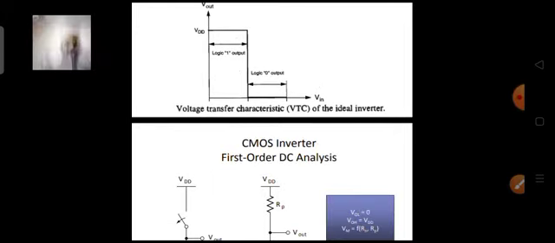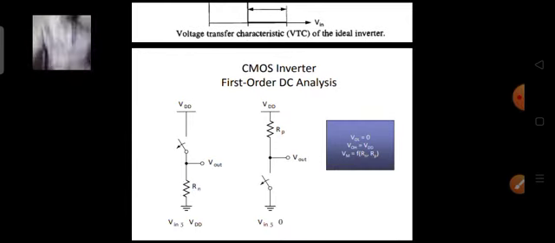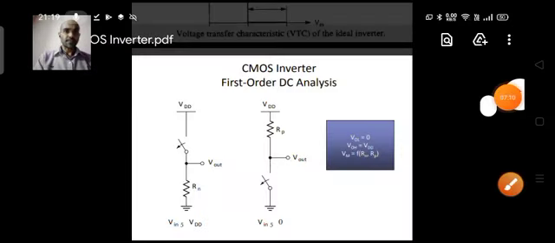Now if I call it a basic CMOS inverter, why do we call it a CMOS inverter? We call it a CMOS inverter because of the two devices which we use here to realize the two components, the pull-up network and the pull-down network. We use two switches.